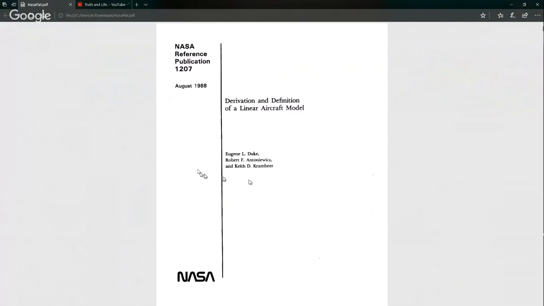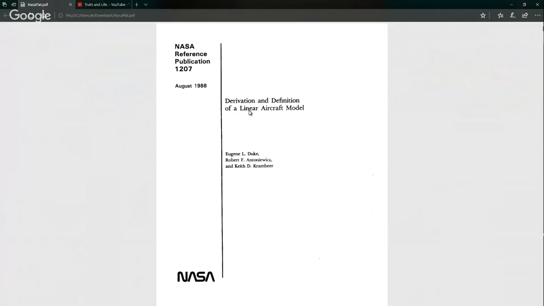If you look here, the derivation and definition of a linear aircraft model. Linear aircraft is, in my opinion, an airplane because it flies straight horizontal. And a helicopter is maybe a non-linear aircraft because they also can go vertical.